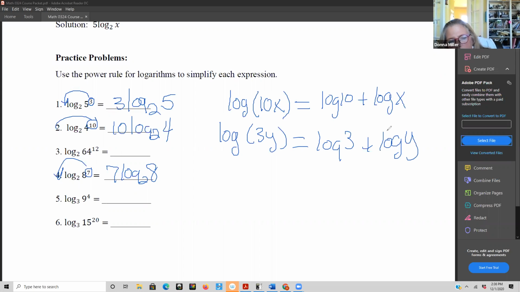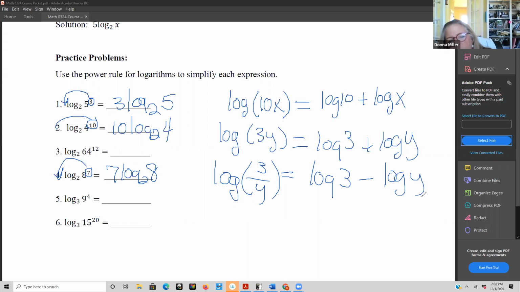The bases always stay the same. And when you divide, if I do 3 over y, the thing on the bottom you subtract. So it's log 3 minus log y. When you divide, you subtract. When you multiply, you add. When you have a power to a power, just pull the power out front. So these are your three main log rules that you work with. Is that all right?